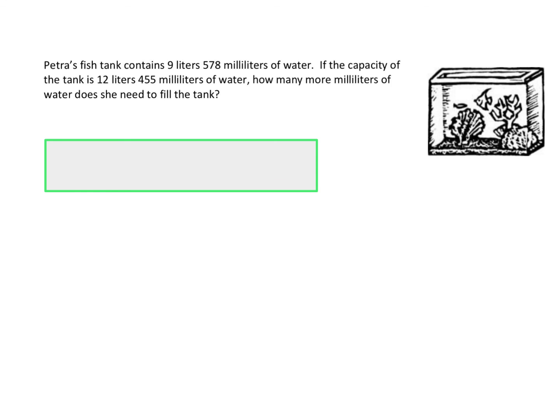We know that Petra's tank holds 12 liters, 455 milliliters. And right now she has 9 liters, 578 milliliters of water in it.